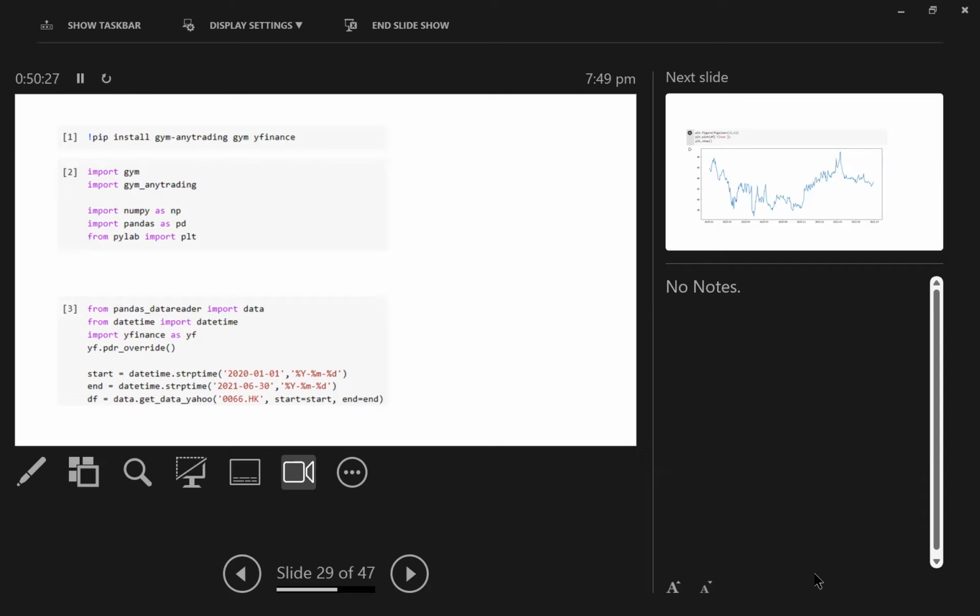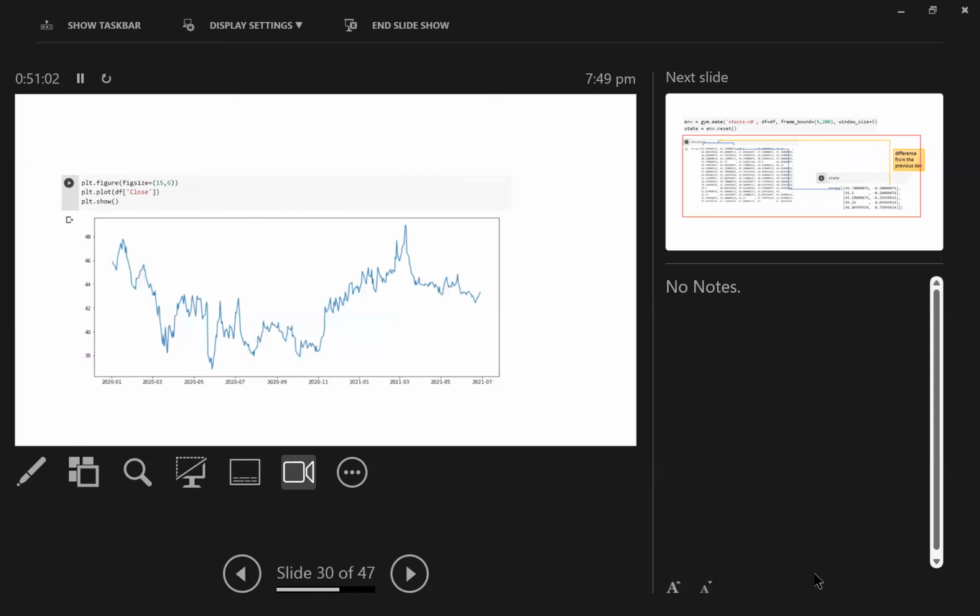But anyway, in this example, you don't need to make use of this function or data. Basically, you can just substitute the start and end with these strings, and just like our previous example, you will get the correct data, and the data will be stored in the data frame.